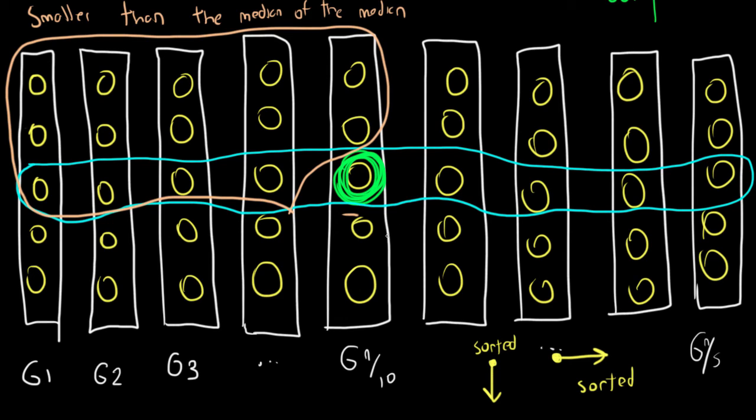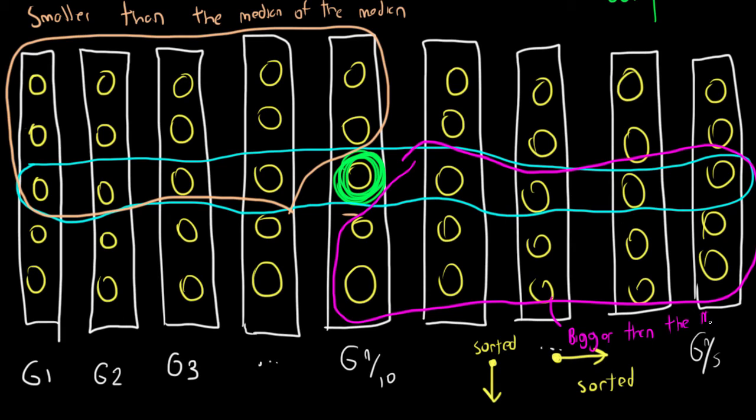And that would obviously mean that all of these values on this side, these values are bigger than the median of the median. I'll just write m of m to save a little bit of time.